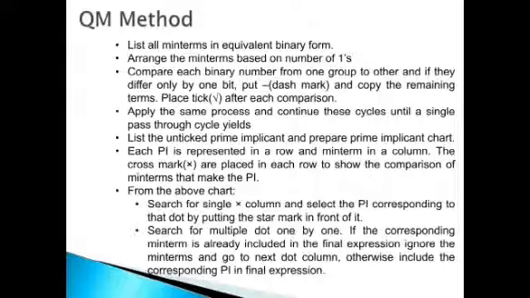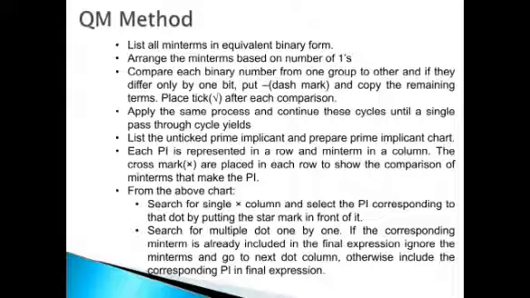How will we find the essential PI? For that, first we will prepare the PI chart, then we will search for a single cross column, and select the prime implicant corresponding to that dot by putting a star mark in front of it. Then we will search for multiple dots one by one.